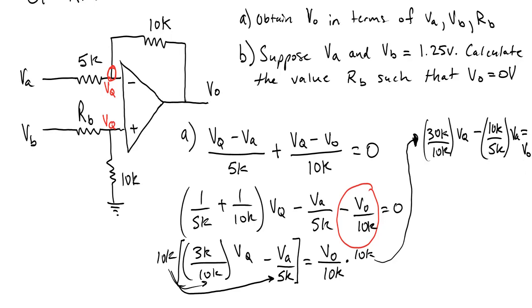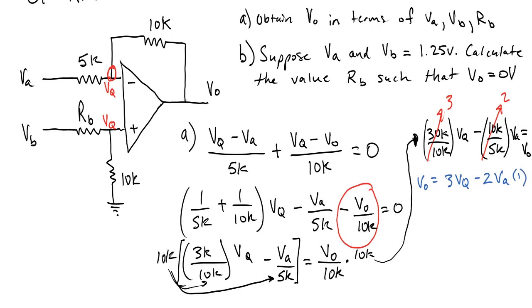Okay, so then we can go ahead and combine or divide out. This becomes 3, and this becomes 2. So what we're left with is VO equals 3VQ minus 2VA. All right, so we're going to save that.